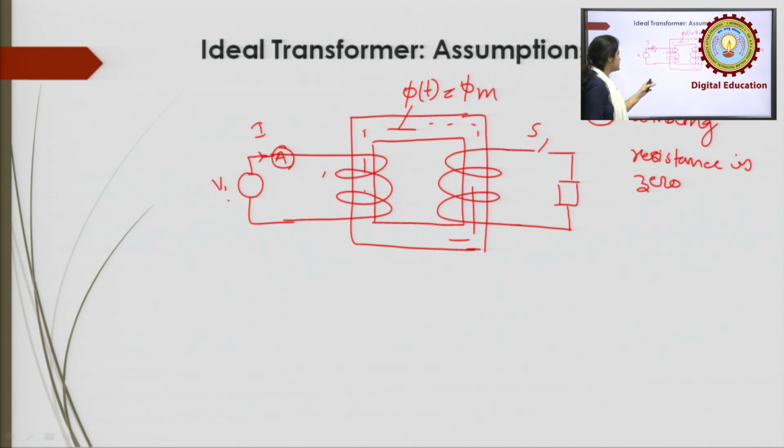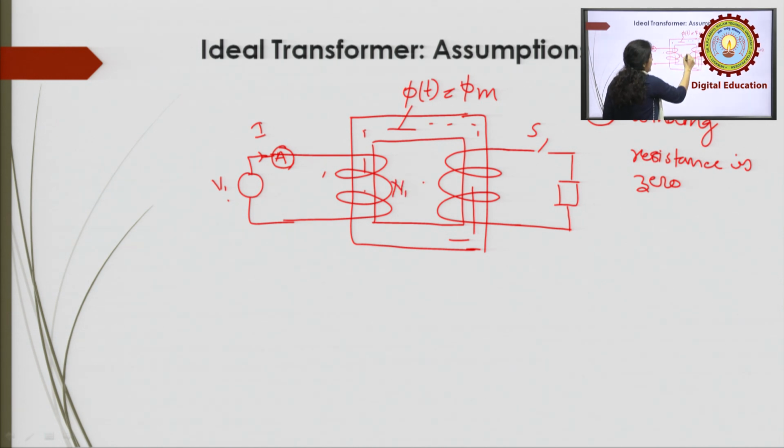If there is no resistance, this is purely inductive, which means the current is lagging the voltage, and the flux is produced due to this current. The flux is always in phase with the current. This current is very small. Suppose the number of turns in the primary is N1 and in the secondary is N2.